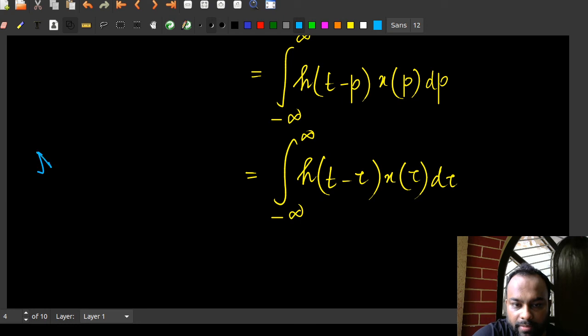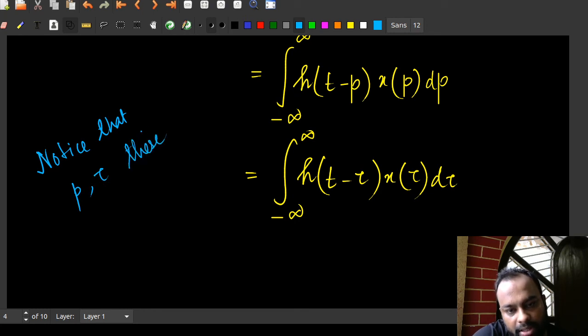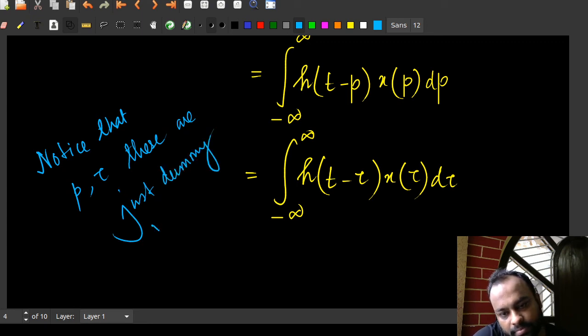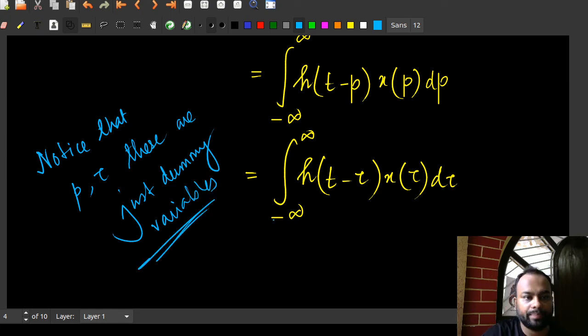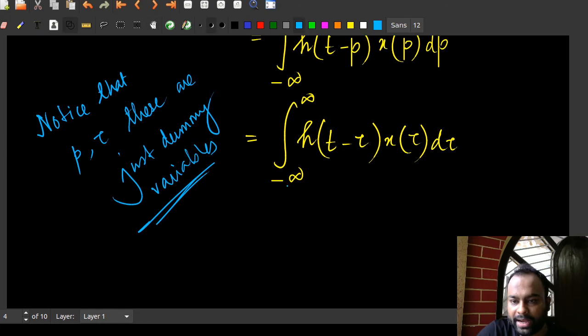Notice that p, tau, these are just dummy variables. So I can write that. But what is this expression?